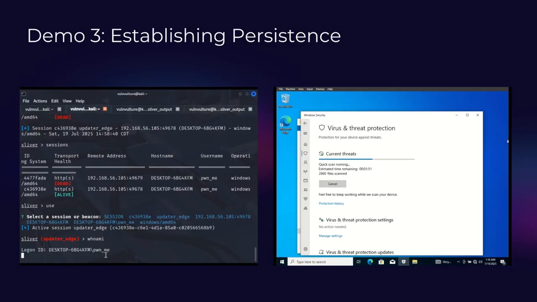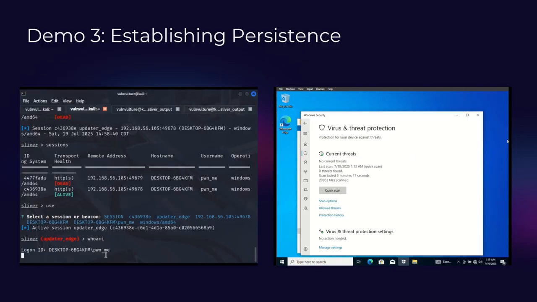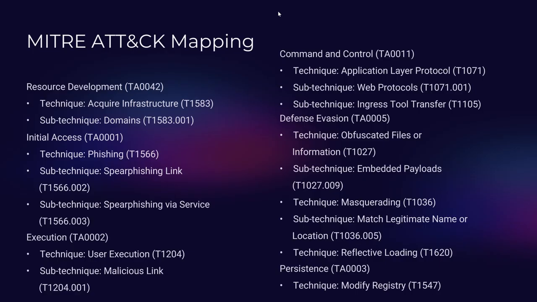And we'll open up Defender, run another quick scan, and we'll see that there are no current threats on the host. There it is, meaning we're able to establish persistence and again bypass Defender.